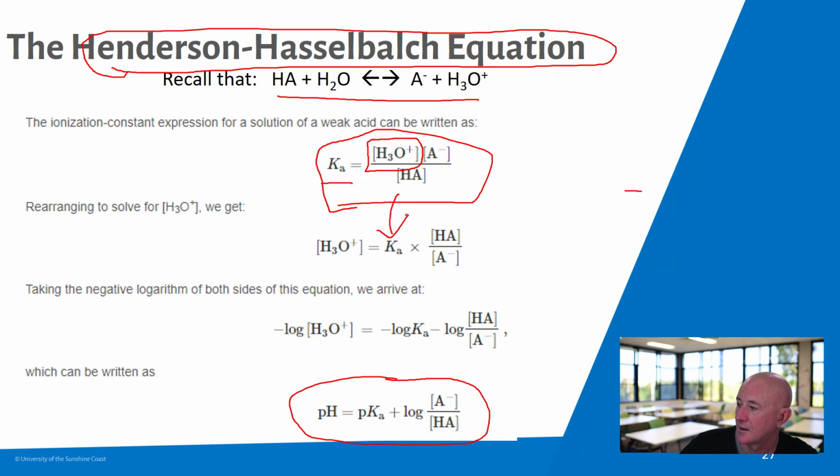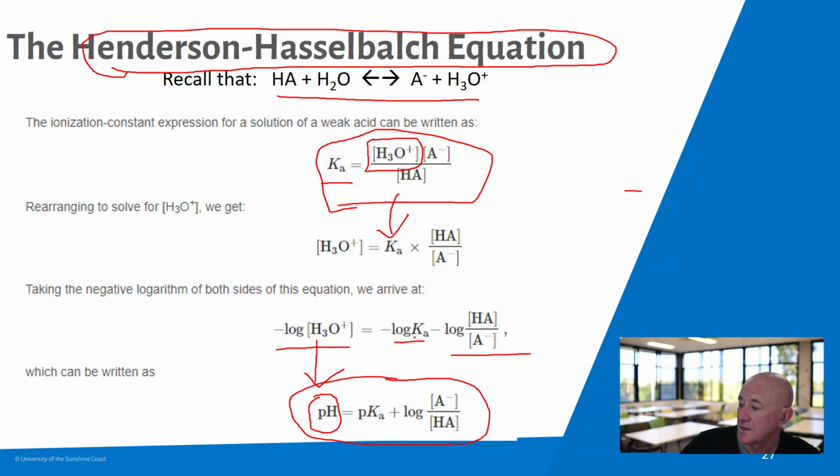There it is. The reason we want to do that is because we're then going to take the negative log to base 10 of both sides, which of course we can do. There's the negative log of that, negative log of that, negative log of that. The negative log to base 10 of the H3O+ concentration is the pH.